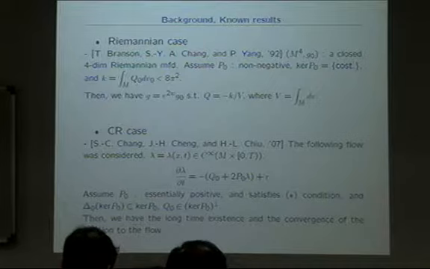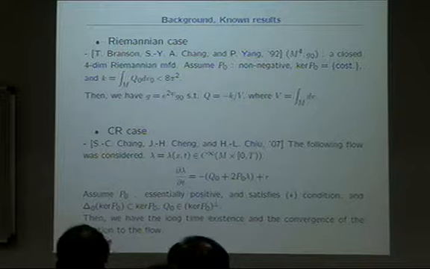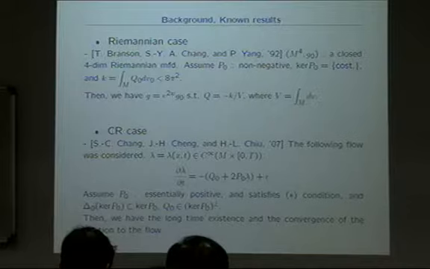In this theorem, the assumptions are essential positivity like this, the star condition, which I will explain later, a condition for the kernel of P, and a condition for Q-curvature.